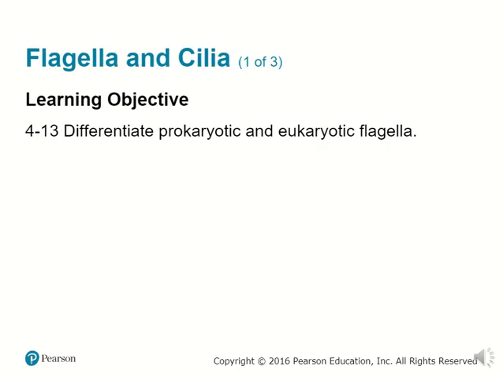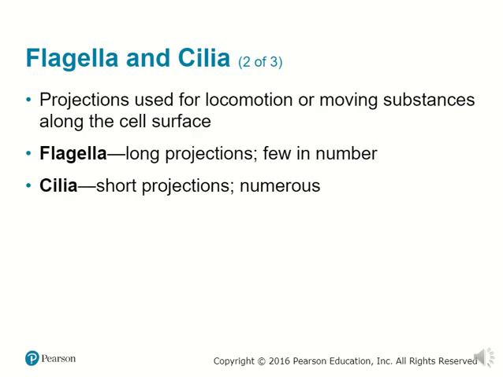Now when it comes to flagella and cilia, there are differences between prokaryotic and eukaryotic flagella. Again, these are projections that are used for the movement of the cell or moving substances along the surface. Now, flagella are long projections, and they are not as plentiful as cilia, which are much shorter projections.